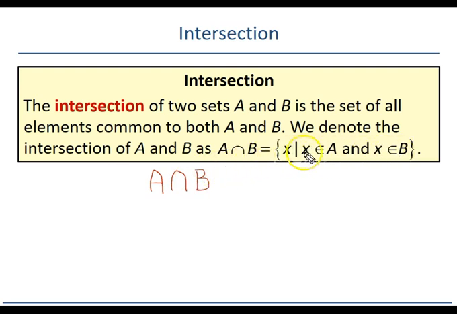Now in set builder notation, we're saying that X, and you could write this down, is such that X are elements of A, that would be set A, and, notice the word and, that's the word that is associated with intersection, and X contains the elements of set B. Now, one of the things we failed to mention, this symbol here, which looks like a kind of a C with a line there, this is the symbol for an element.